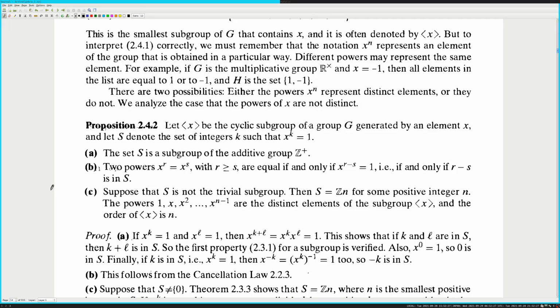Also, it's 2.3.1. Let me look that up. I'll just tell you where it is so that you can look it up in your book. There will be a link to buy this down in the description. This is page 43.